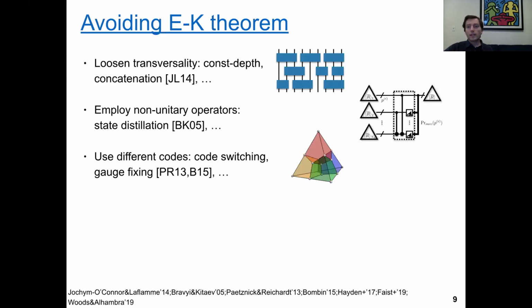Also, one can avoid the no-go result by Eastin-Knill by using more than one code, because what the Eastin-Knill theorem tells us is that there does not exist a single code. However, if we consider, say, 2 codes, they can have different transversal gates, and if we can fault-tolerantly switch between those 2 codes, we'll be able to implement a universal gate set with transversal gates.